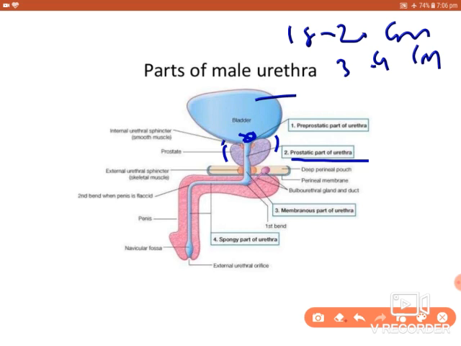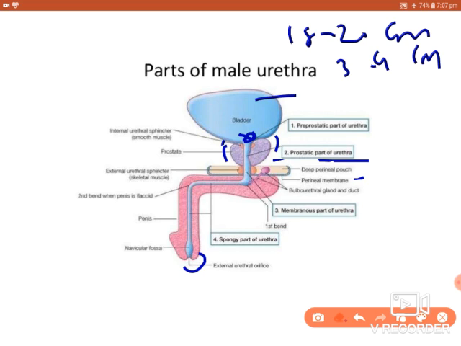Then it pierces the superior and inferior fascia of the urogenital diaphragm. That inferior fascia is called the perineal membrane. It pierces the sphincter urethrae muscles. Then it reaches the bulb of the penis, travels through the body and glans, then exits as the external urethral orifice.